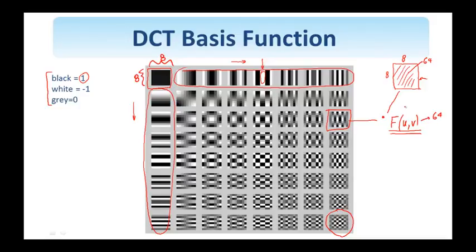The advantage of working with the FUVs instead of the FMN, as we denoted earlier, is that now if somebody asks us to keep, let's say, 15% of the pixel values which are more important, we have no way of knowing which 15% of these 64 pixel values are more important than others.